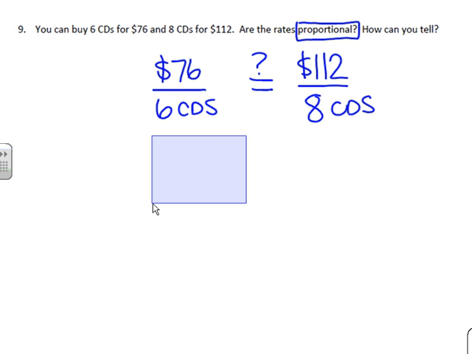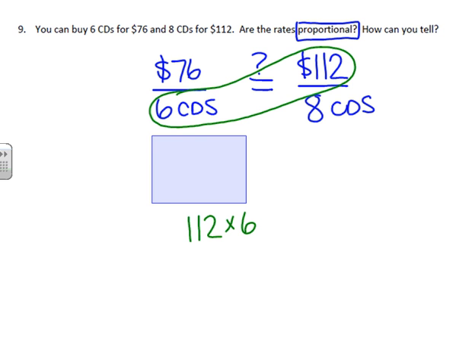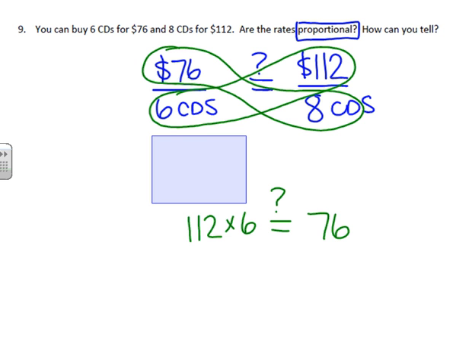The method that I'm going to use is cross products. So I'm going to multiply 112 times 6 and see if that's equal to 76 multiplied by 8.